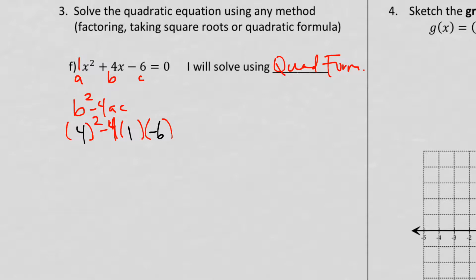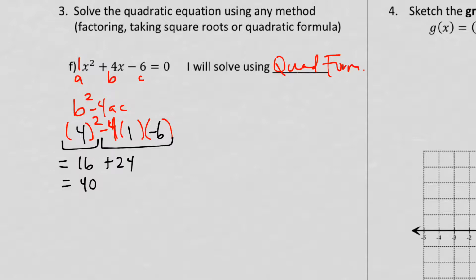So now I work this out. 4 squared is 16. And then negative 4 times 1 times negative 6 is positive 24. So here my discriminant is going to be 40. That's a positive number, so I'm going to have two real solutions. And 40 is not a perfect square, so I could not factor this anyway.